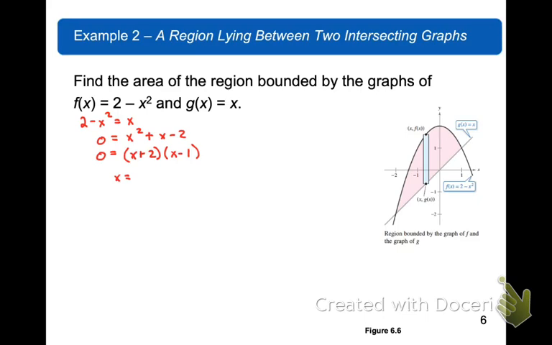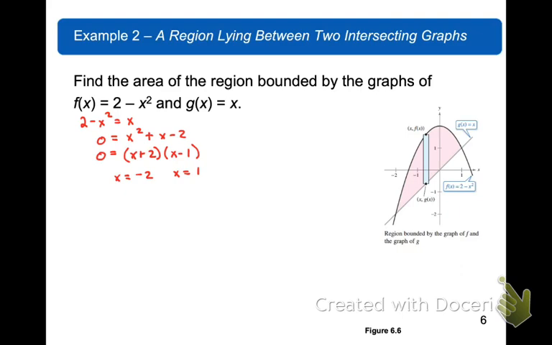I get the points of intersection at x equals -2 and x equals 1. I'm confident every one of you could have graphed that parabola that opens down with a y-intercept at 2 and that straight line with a y-intercept of 0 and a slope of 1. So here's my graph, and the points of intersection are from -2 to 1.